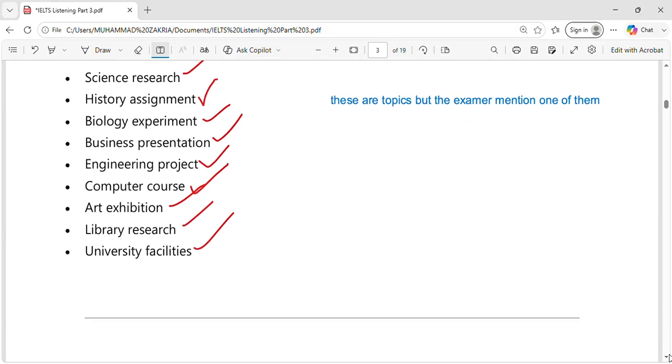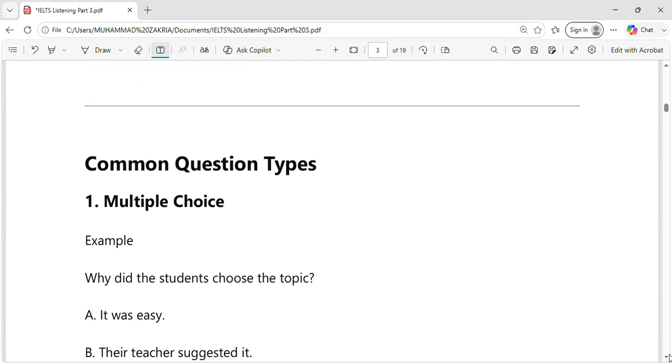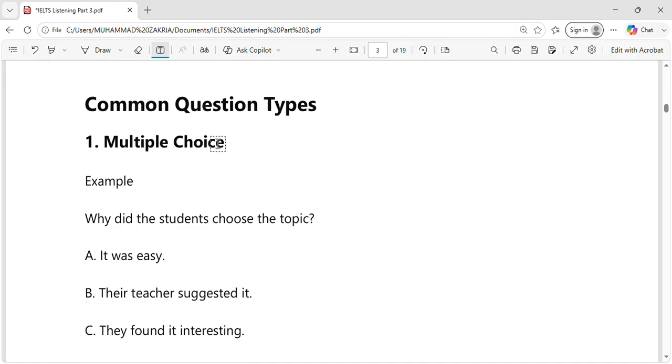Furthermore, we discuss the common question types. These are very important. You should remember that the question type is very important.